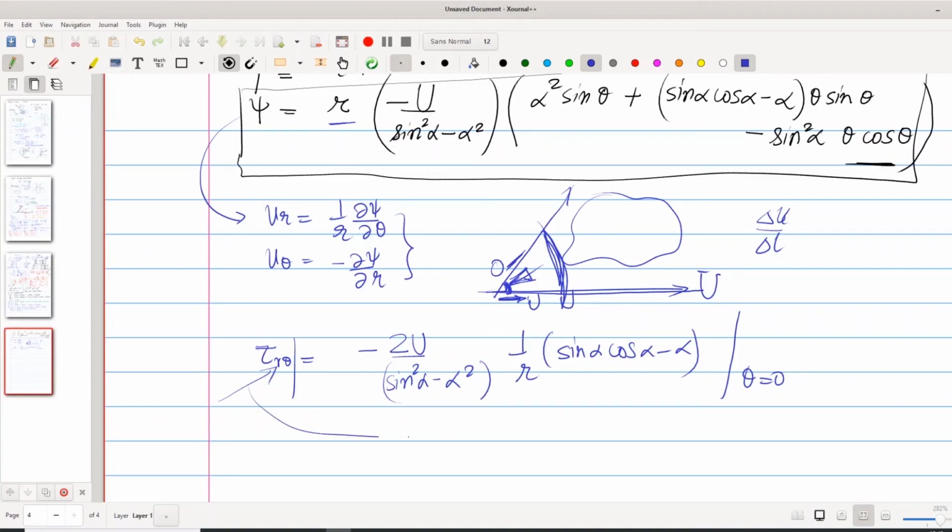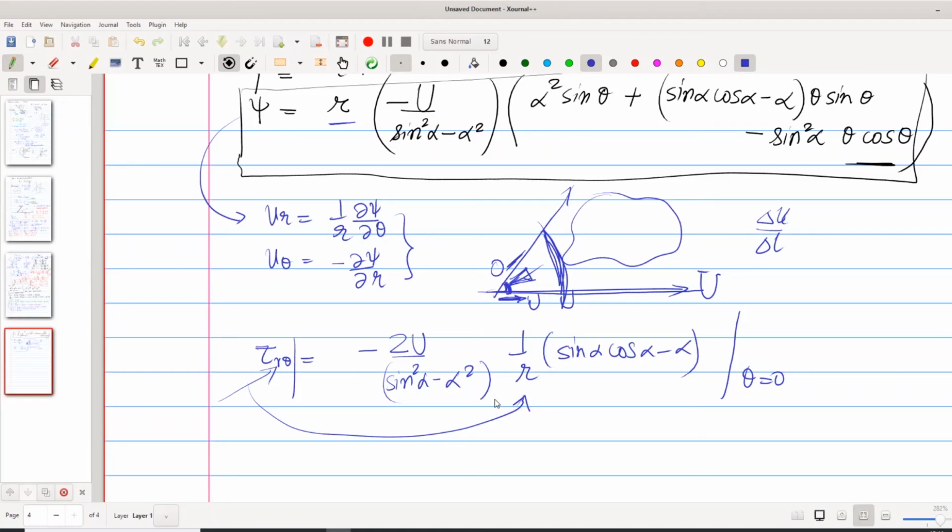And the shear stress becomes singular at r equal to 0. As r tends to 0, the shear stress magnitude is very, very high. That blowing up nature of the shear stress implies that this particular approximation of the boundary condition may not be valid very close to the edge of the coordinate.